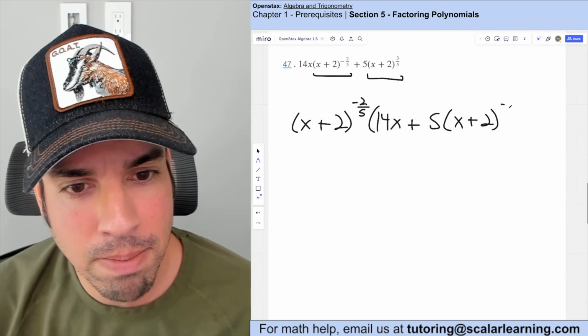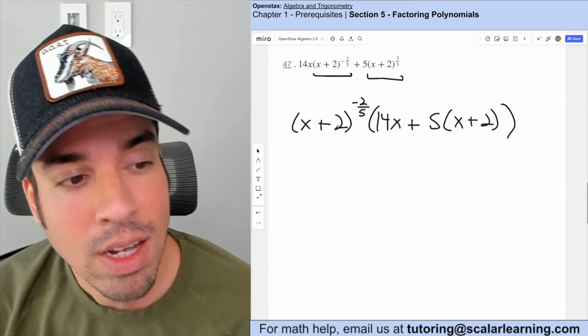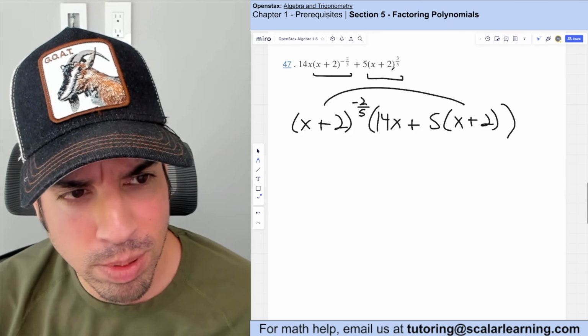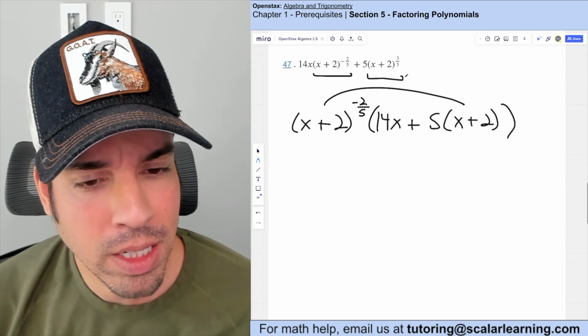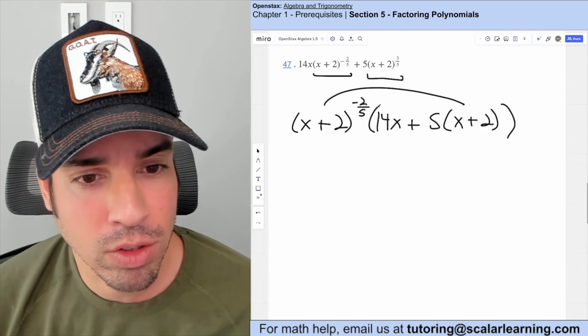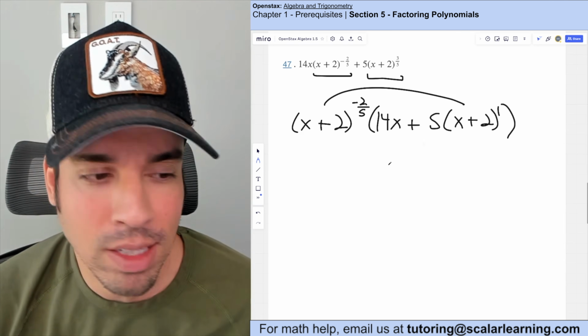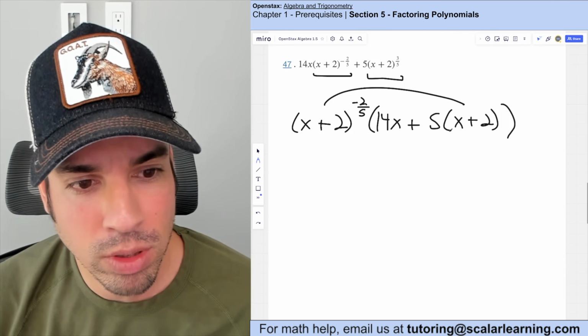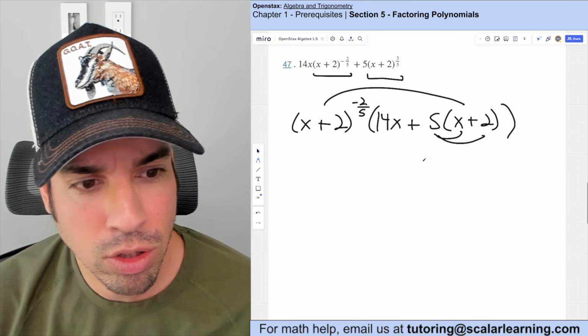But the way we want to imagine what the remaining exponent is when we redistribute, we should come back to x plus 2 to the 3/5, which begs the question, what plus negative 2/5 gives me 3/5? Well, that's just going to be 1. And look how nicely that works out, because I don't even need to write that 1. Now I can simplify what's in here by distributing the 5 to those two terms.